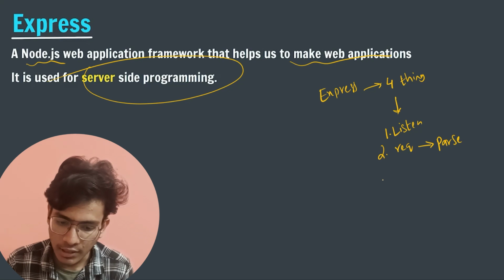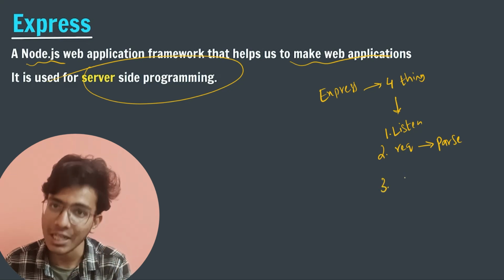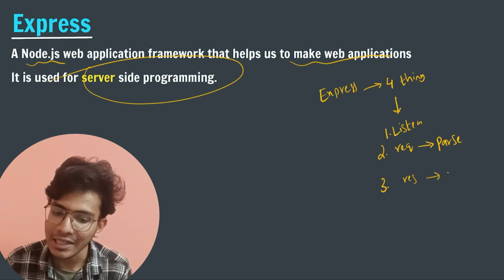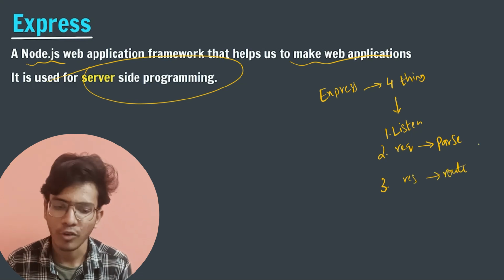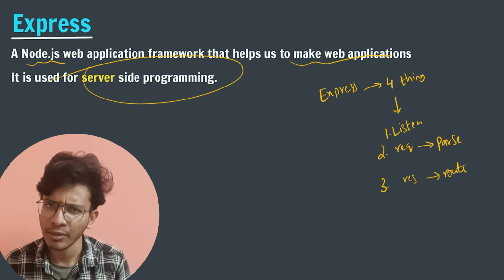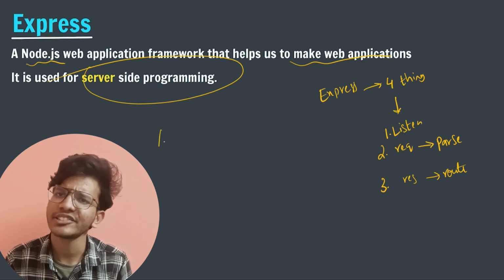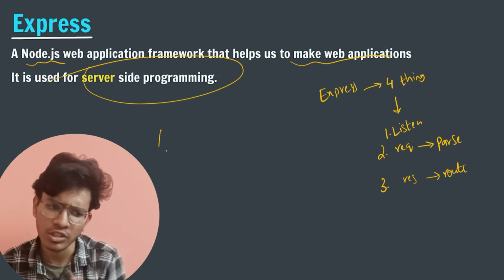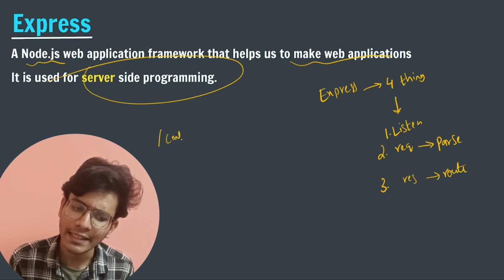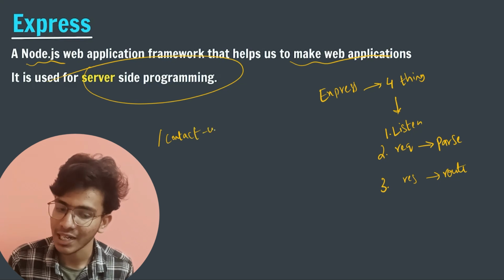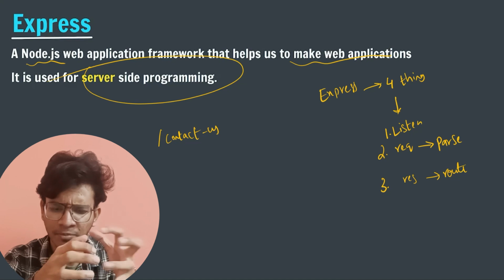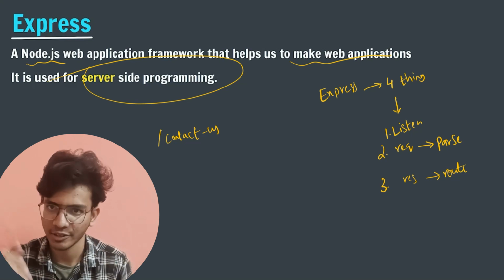Now the third thing is, based on the request, I will send the response to that particular route, right? For example, I'm opening a website and I want to see the contact us page. When I click contact us, you will see a route called contact us. This is a route in itself. If you don't know routing, a website has many paths.